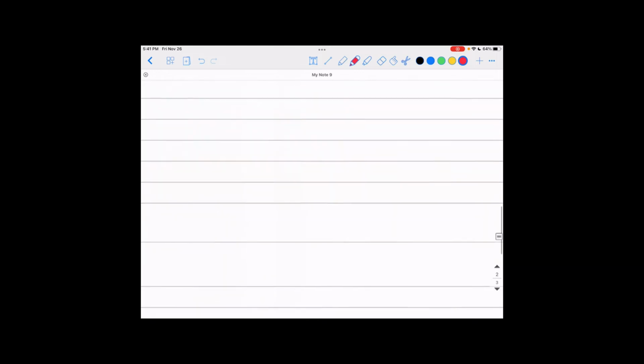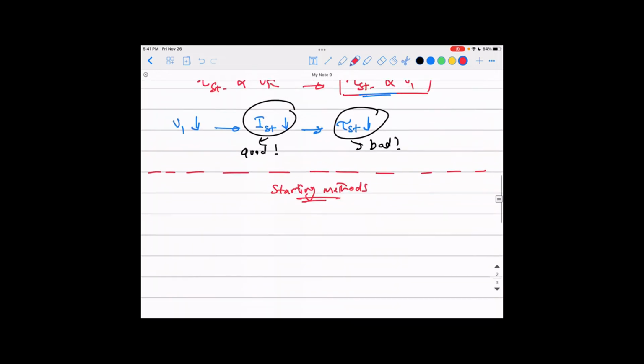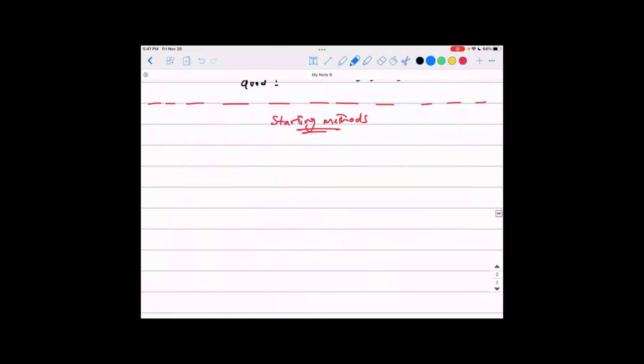The very first one, okay, is we call it full voltage starting, or sometimes it has another fancy name, which is direct online, abbreviated as DOL starting, okay?